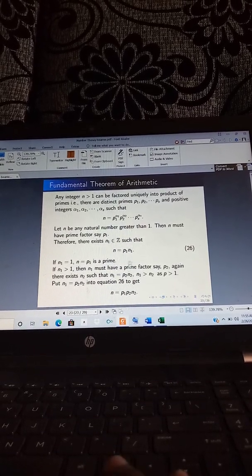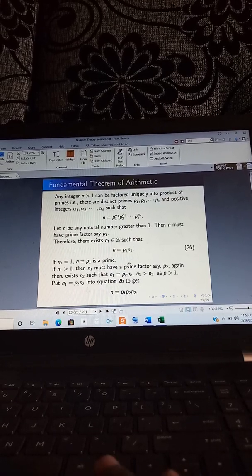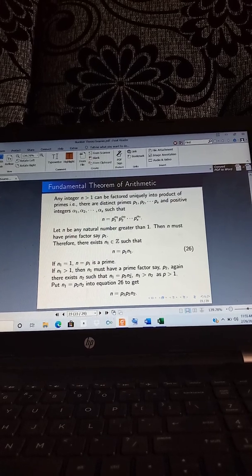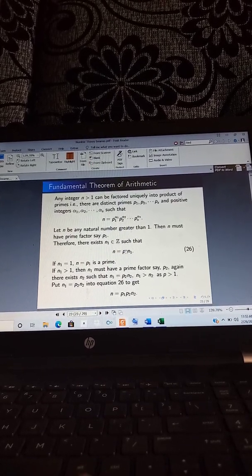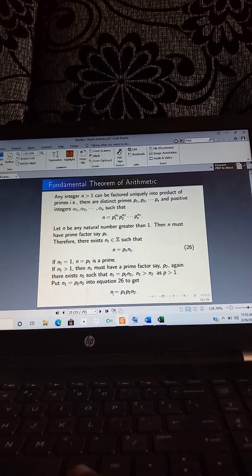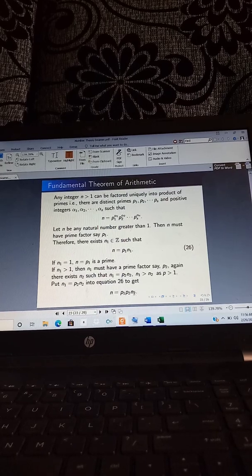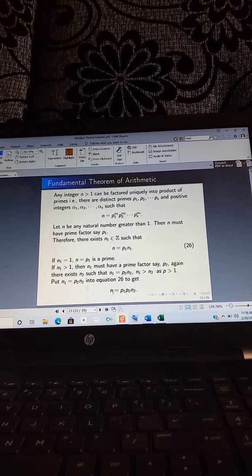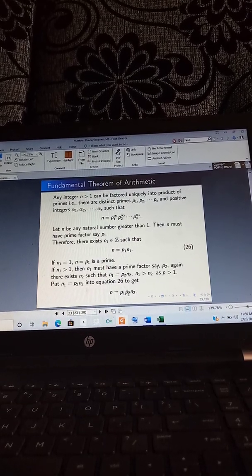So if p2 is a prime factor of n1, then there exists an integer n2 such that n1 equals p2 times n2. Now if we substitute n1 equals p2 times n2 into equation 26, we will have n equals p1 times p2 times n2. Again, from here, if n2 equals 1, then n will be equal to a product of two primes, that is the product of p1 and p2.